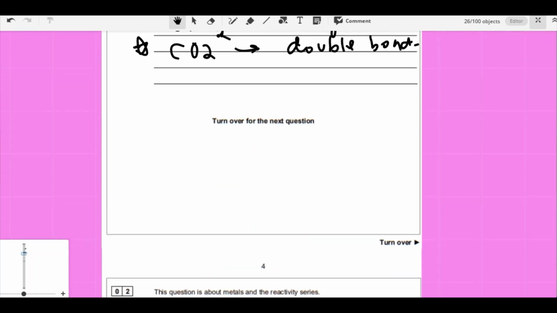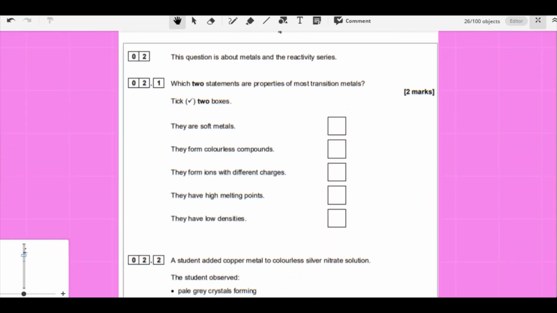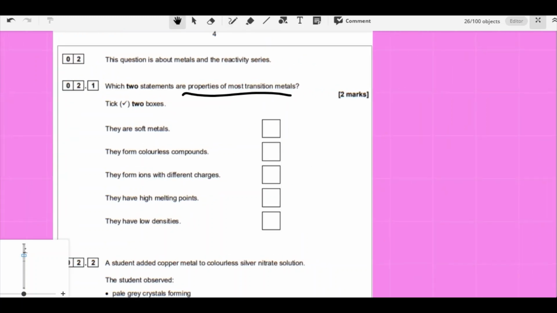Okay, now the next one. Question number 2. This question is about metals and the reactivity series. Here you have to identify the properties of most transition elements. As you know, they are soft metals, they form colorless compounds, they form ions with different charges. Let's suppose we take iron.